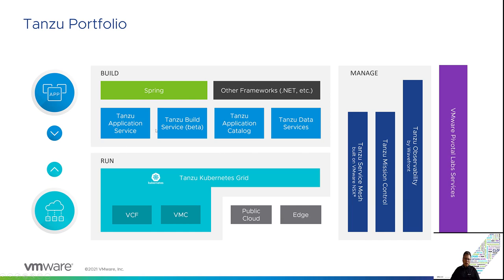As a fourth component, we have the Tanzu Application Service. You may know it as Pivotal Cloud Foundry as well. So the application service is the Cloud Foundry service, a platform as a service for your developers, in case they don't want to handle container images, registries and so on.